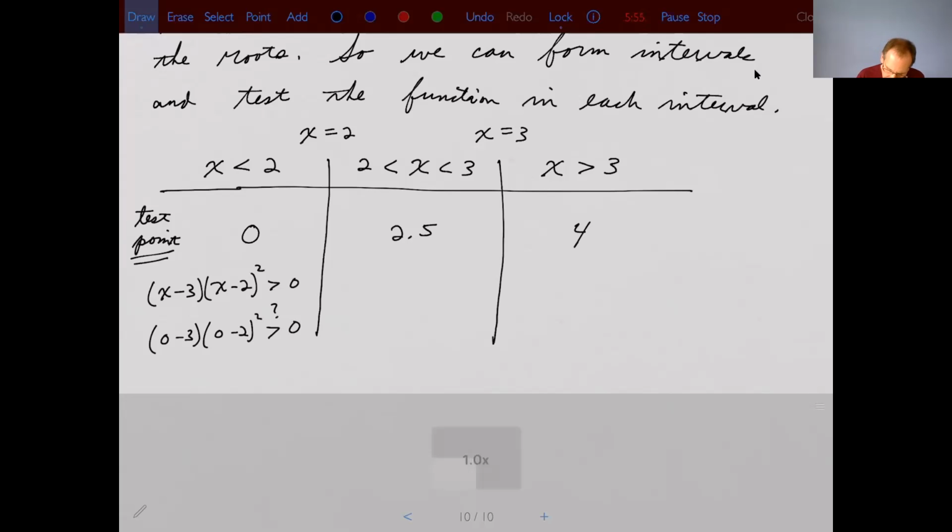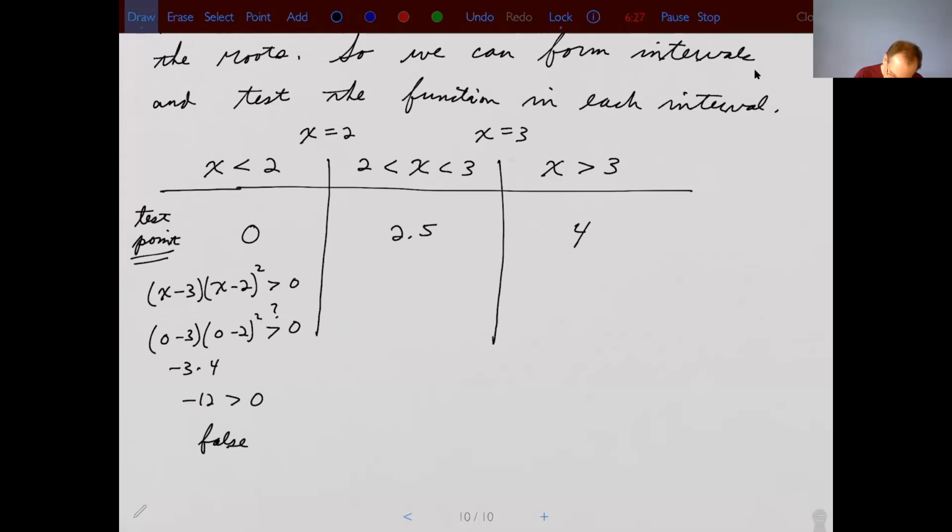Well, 0 minus 3 is negative 3, right? 0 minus 2 is negative 2, but I'm squaring the whole thing, so that's 4. So this is negative 3 times 4, so that's negative 12. Is negative 12 greater than 0? No, that's false, right? So that interval is not going to contain the solution. So just write false.